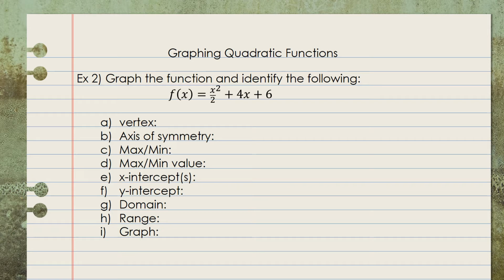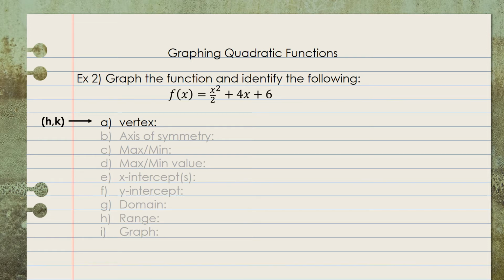So let's start with part A. As a reminder, for A, the vertex means we're looking for h, k, and since we cannot easily identify it from the function, we need to go and look for it. h is found by doing negative b over 2a. Our b value is 4.